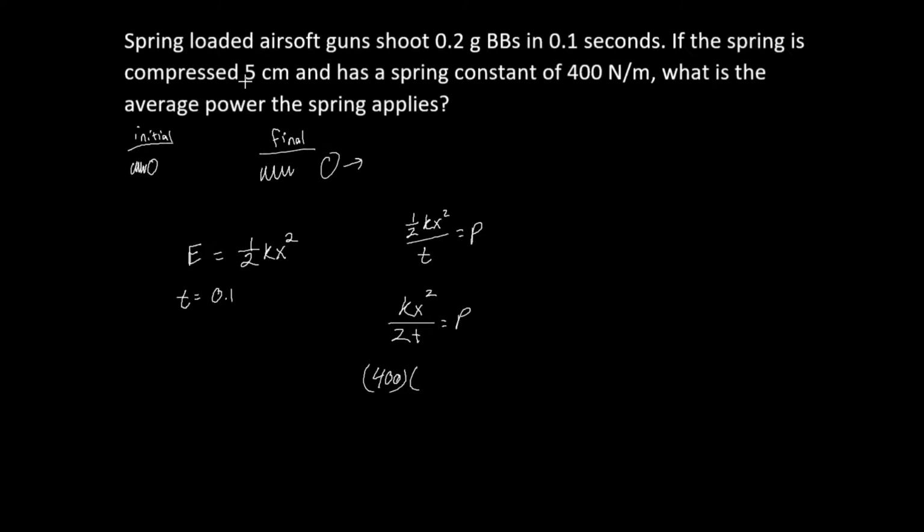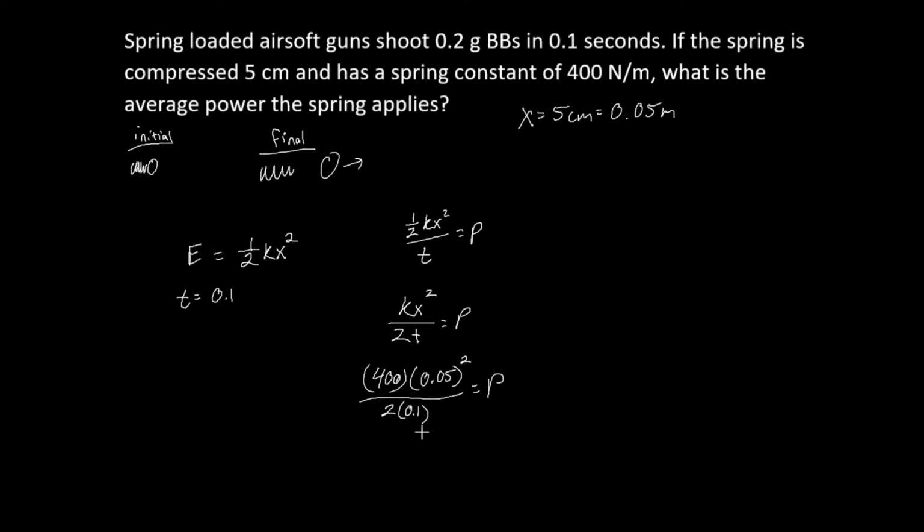My x, I gotta be careful, and I gotta make sure that I am changing. It's 5 centimeters, but I want it in SI units, so it is 0.05 meters, 0.05, all over 2 times 0.1, and I end up with 400 times 0.05 squared.